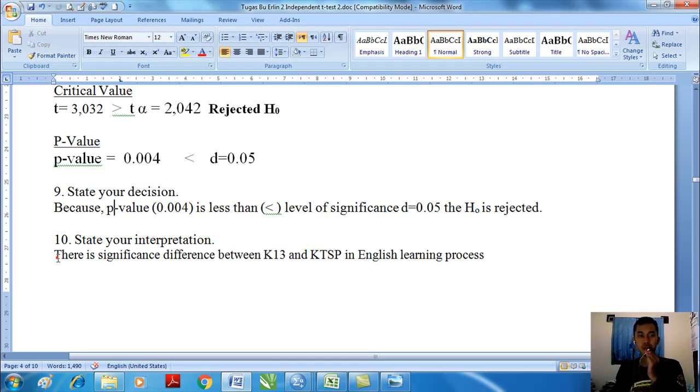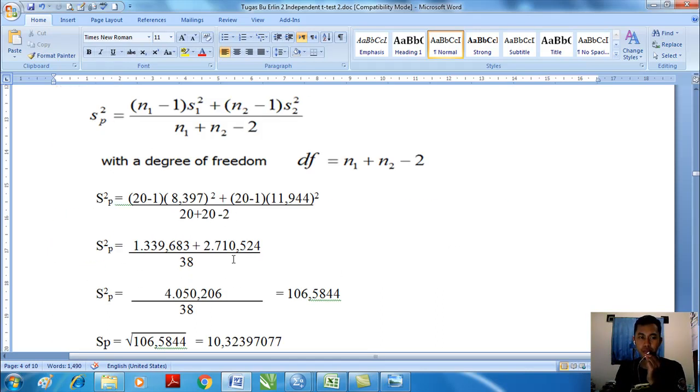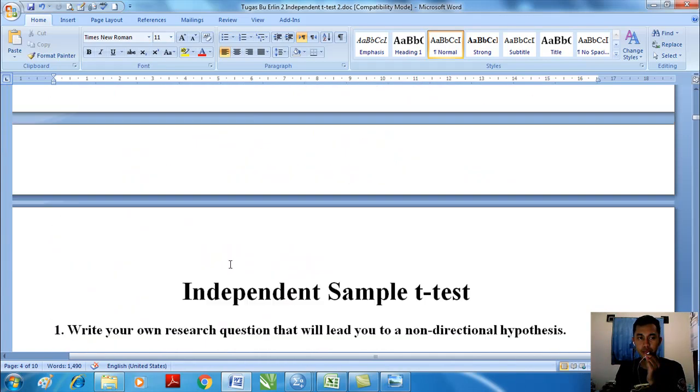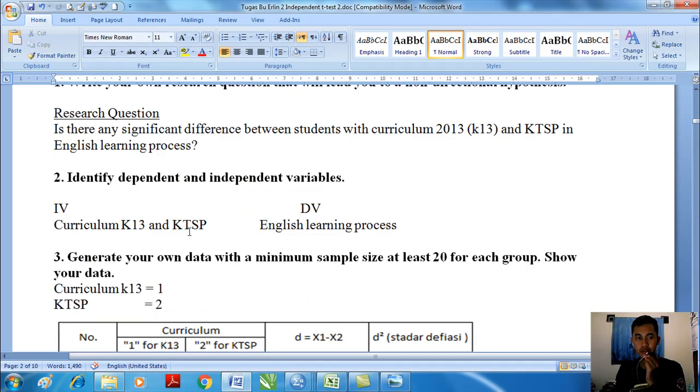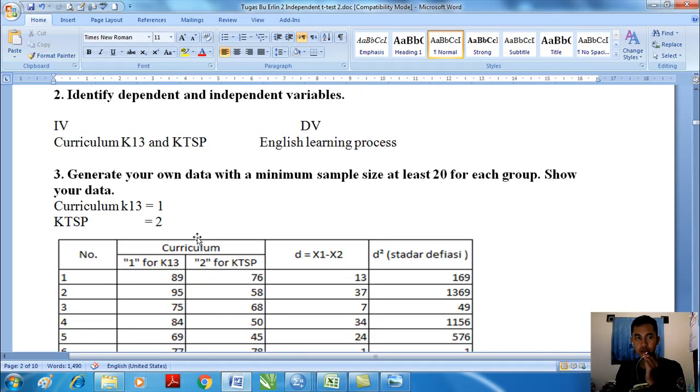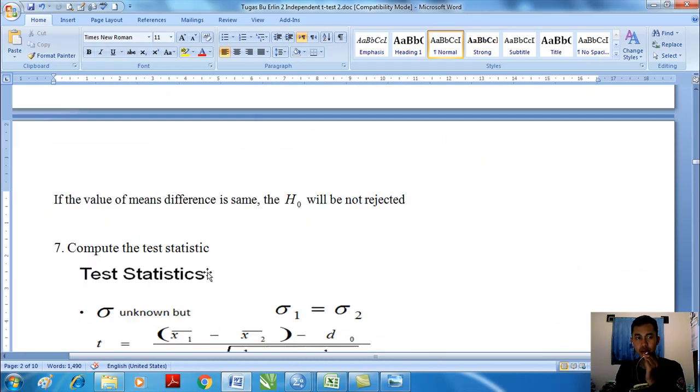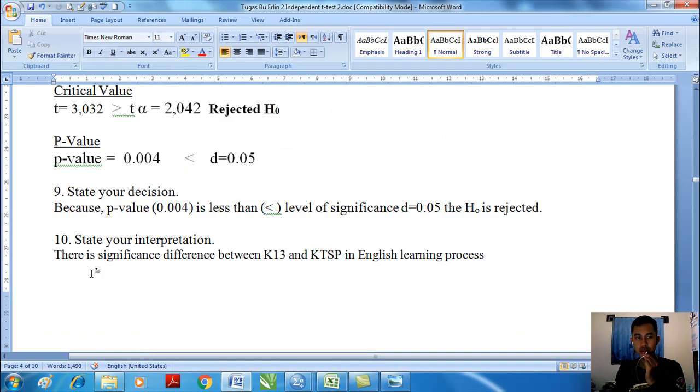This interpretation statement we can get from the research question: is there any significant difference between students with curriculum 2013 and KTSP in English learning process? And this is the answer: there is a significant difference between K13 and KTSP in English learning process.